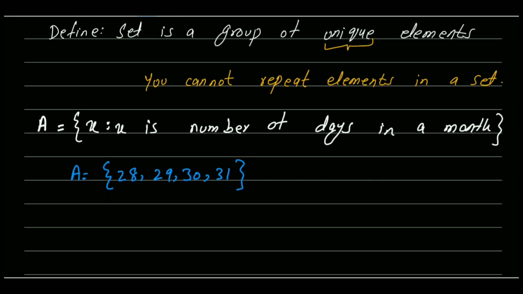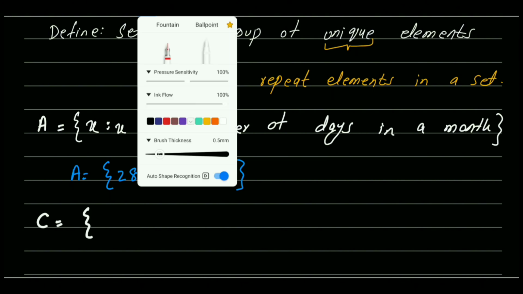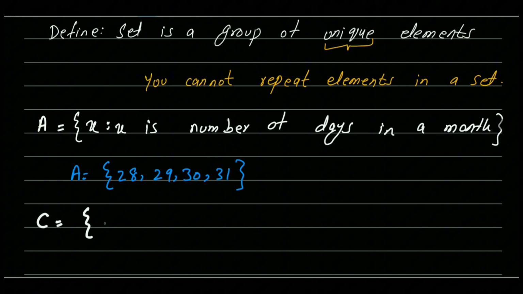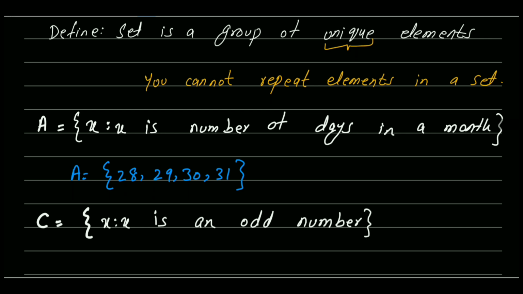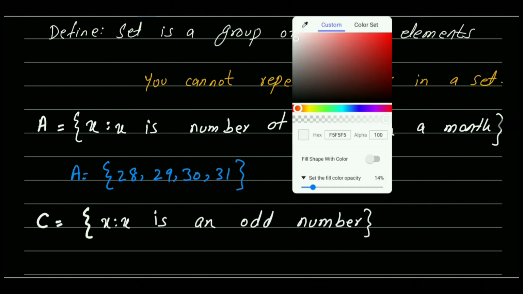So if the question is C set is X such that X is an odd number, how will we write it?